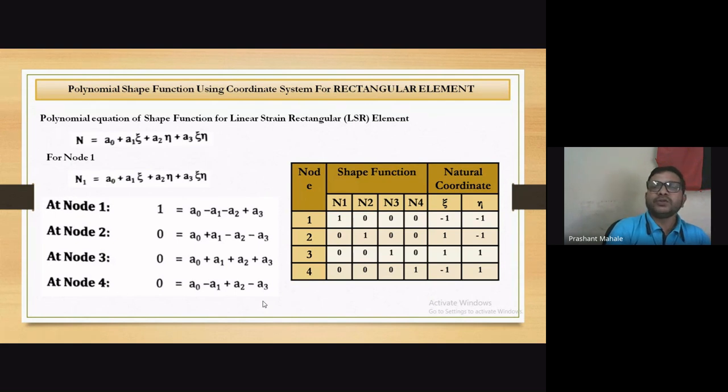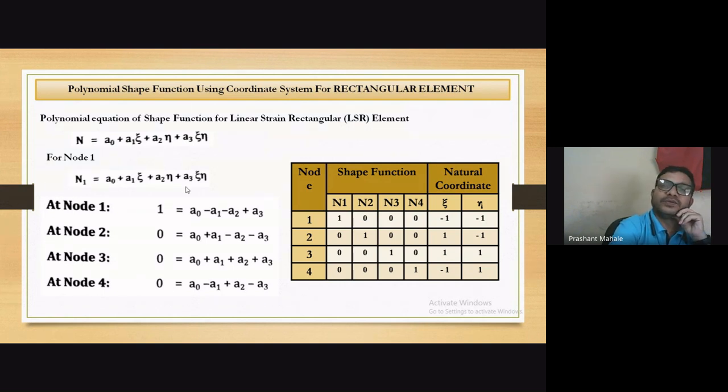So our target is to find out the values of a0, a1, a2 and a3, which after being found can be written here in this equation, and therefore I will get the equation of N1, that is shape function 1, in terms of zeta and eta only.